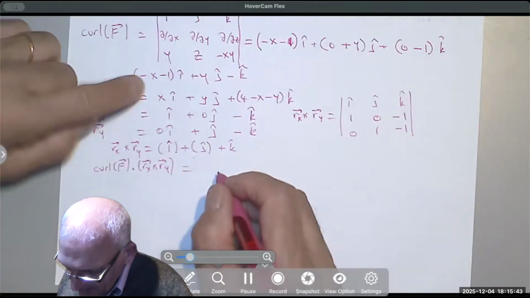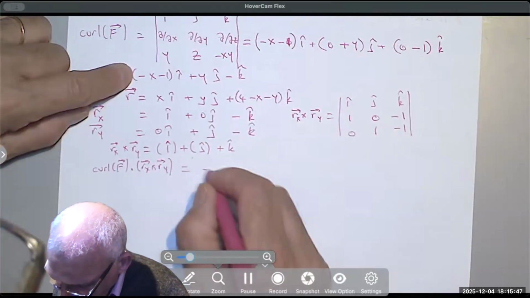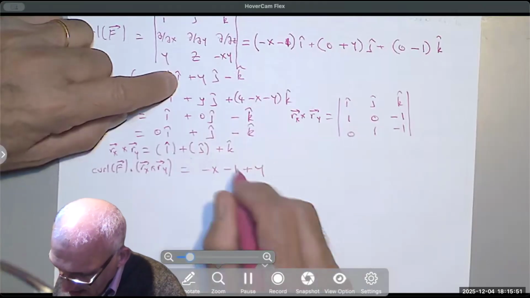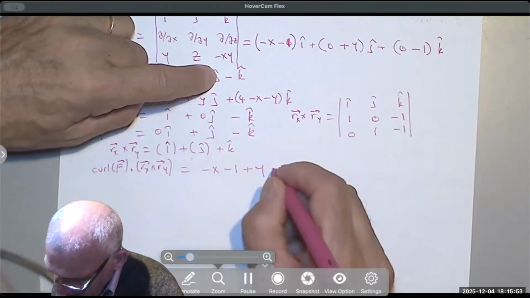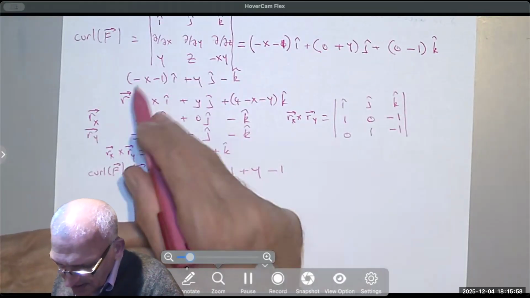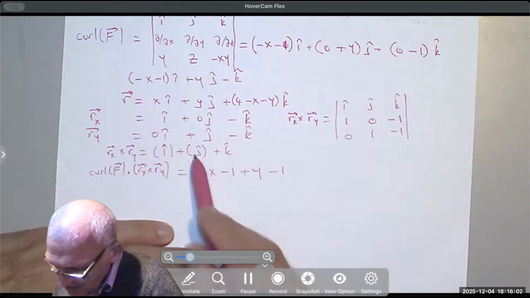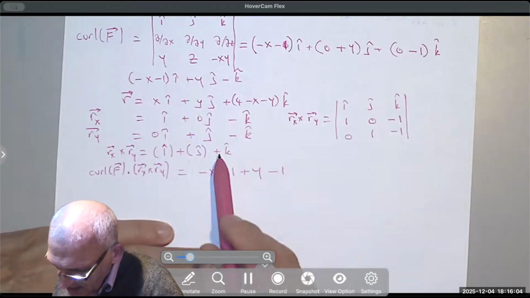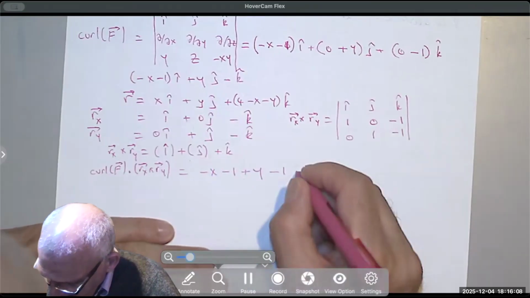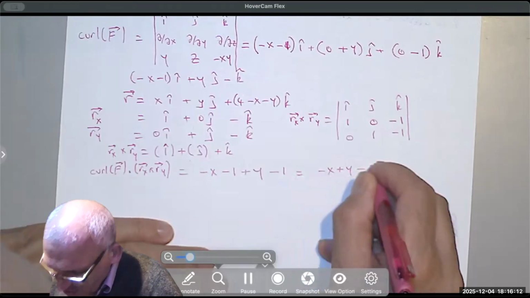This whole thing would give me, I'm sorry, negative x minus 1 plus y minus 1, right? I think that's what we get. Negative x minus 1 times 1 is negative x minus 1. y times 1 is y, and negative 1 times positive 1 is negative 1. So that is basically negative x plus y minus 2.